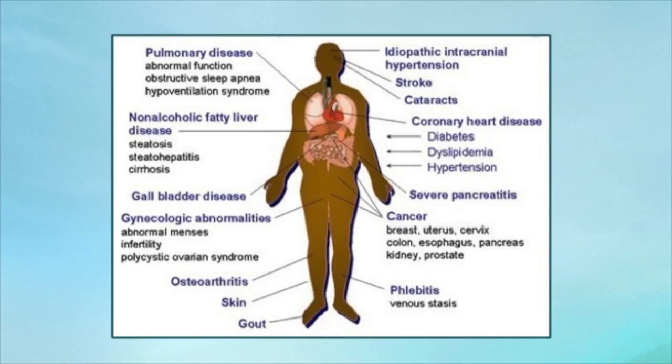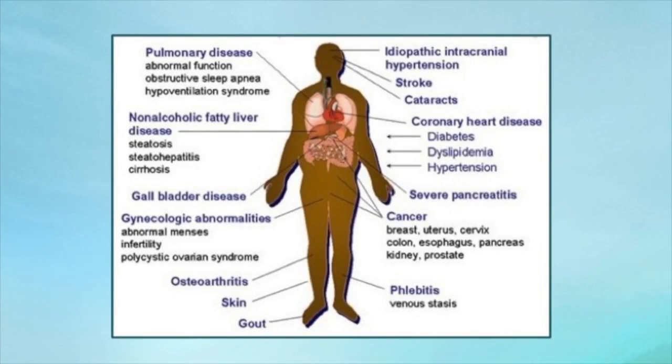Obesity affects every organ of the body. So we look at pulmonary system, sleep apnea, COPD, non-alcoholic fatty liver disease. It used to be you only got fatty liver disease if you had a drinking problem. Not anymore. It happens now with obesity.